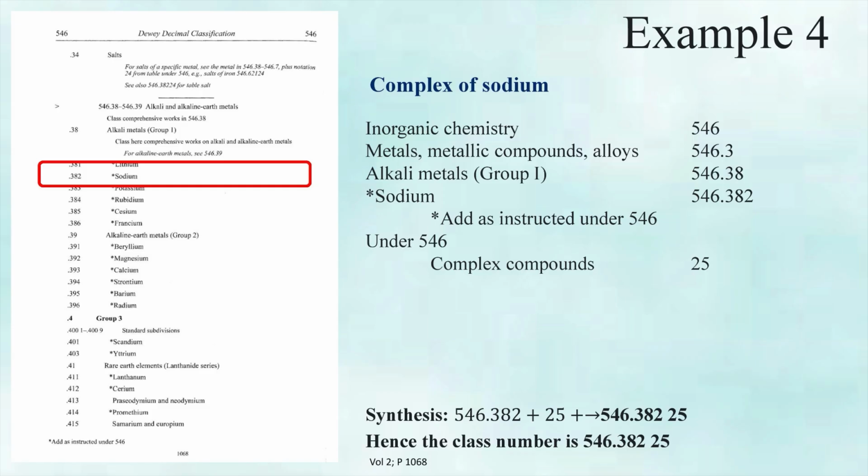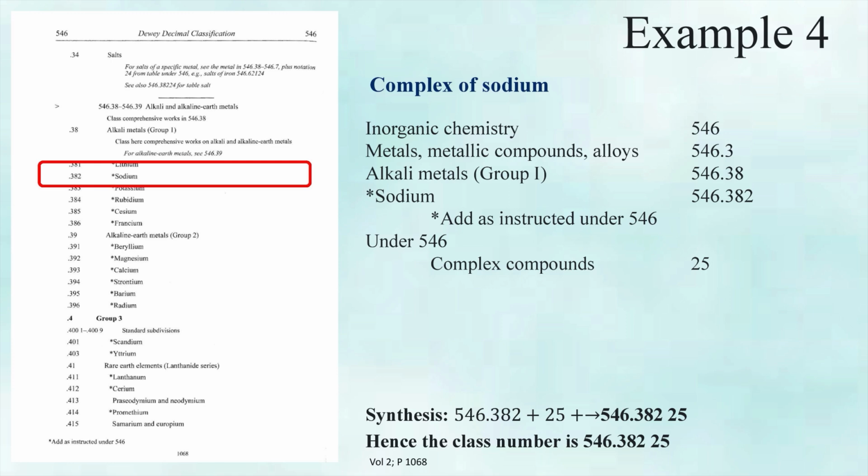The sodium starts with an asterisk mark. As you know, an asterisk always puts some instruction for the classifier. So the instruction is there to add as instructed under 546. That is, it is referring us to the extended subdivision of 546.